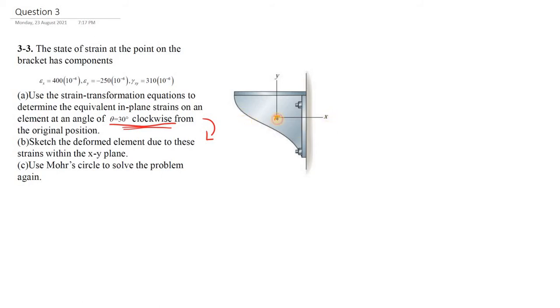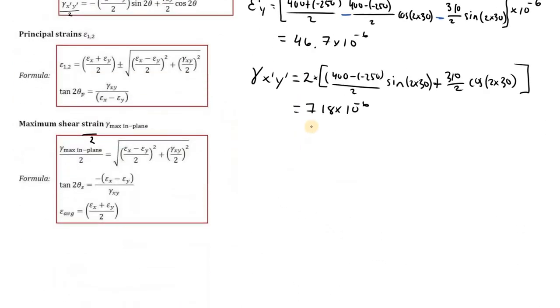So this is our element. They've given it to us. Our x in the question, the transformed element would then be transformed clockwise, which is this direction, and this would be our x dash. So let's just sketch that up just below here.